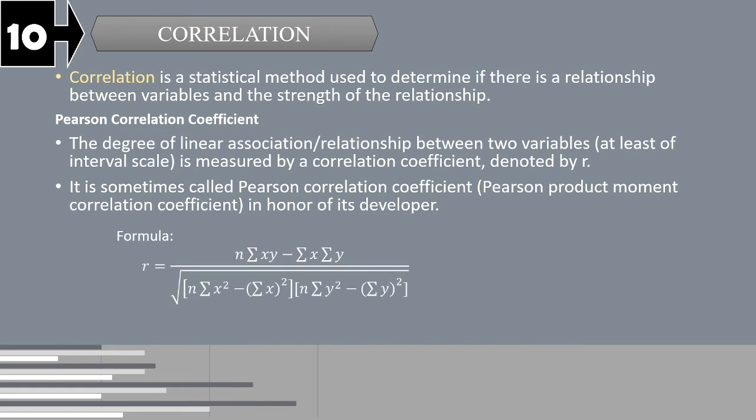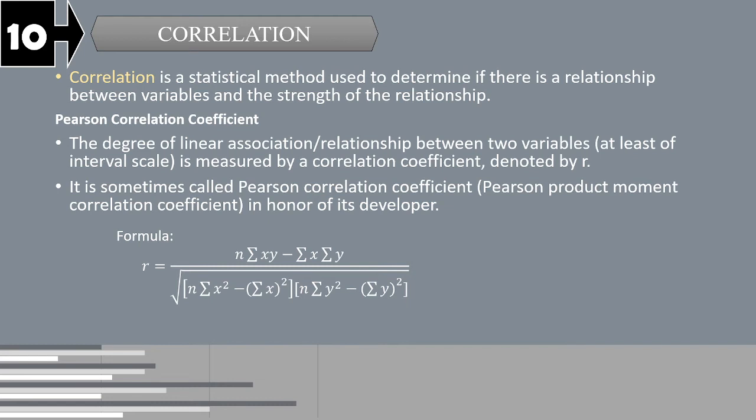The formula for the correlation is r is equal to n times the summation of xy minus summation of x times summation of y, over the square root of n times the summation of x squared minus the square of summation of x, times n times the summation of y squared minus the square of summation of y.